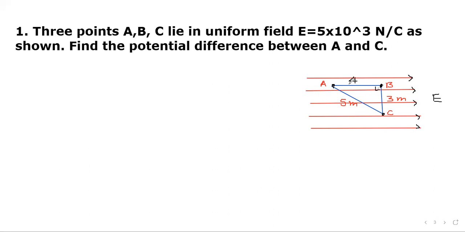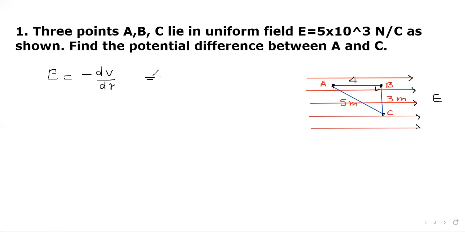Now, potential difference between A and C is the same as potential difference between A and B. So we know that E equals minus dV upon dr, and here dr will be this distance AB, and we have to find the potential difference.